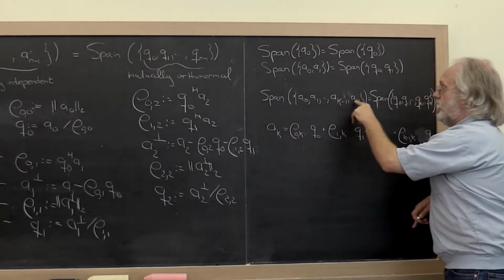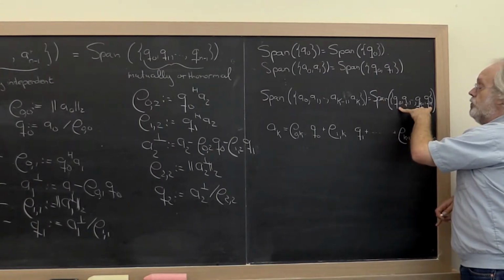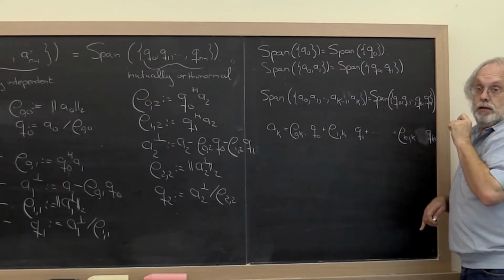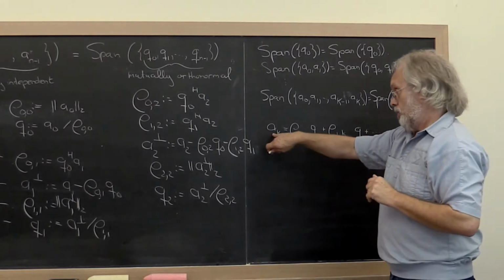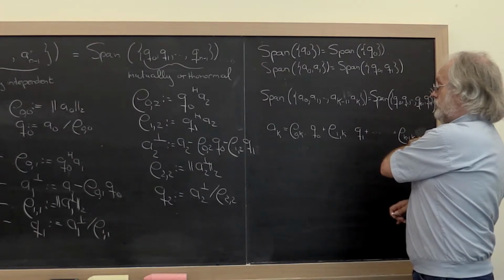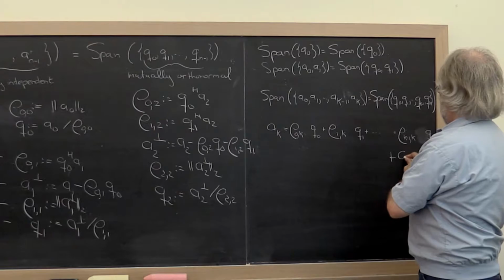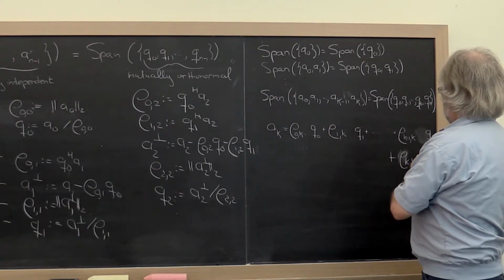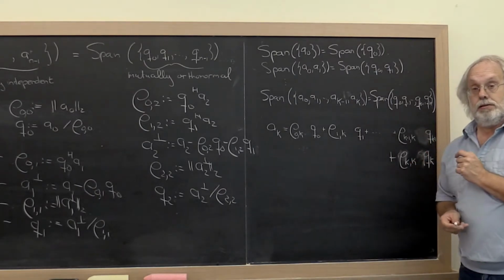So you know that ak must be a linear combination of q0 through qk because it lies in the span of those vectors. So, ak can be written as a linear combination of q0 through qk minus 1, plus rho kk times qk, right?